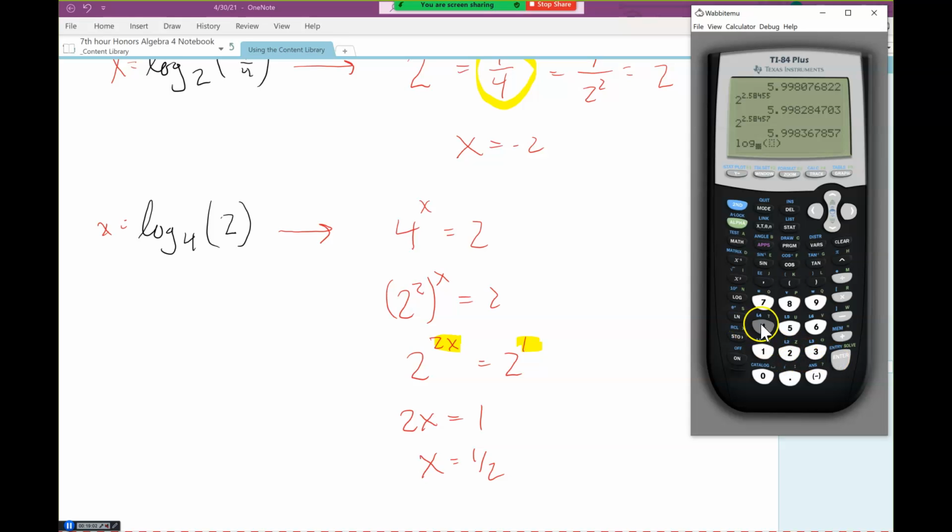There I could just type in my base for my logarithm and my argument for my logarithm and press enter, and the calculator will spit out the exact answer, which is nice. Although the exact ones we can technically do by hand, they're not that bad.